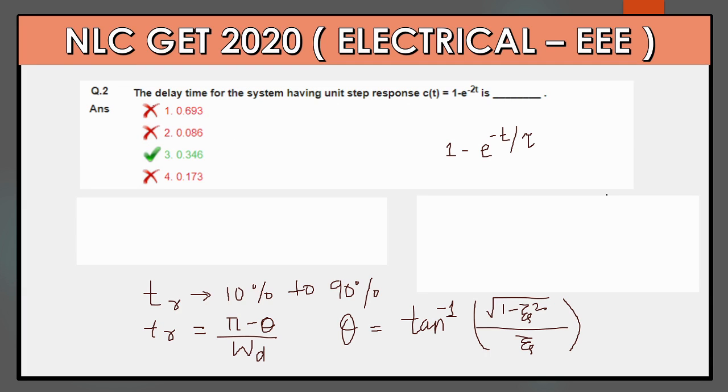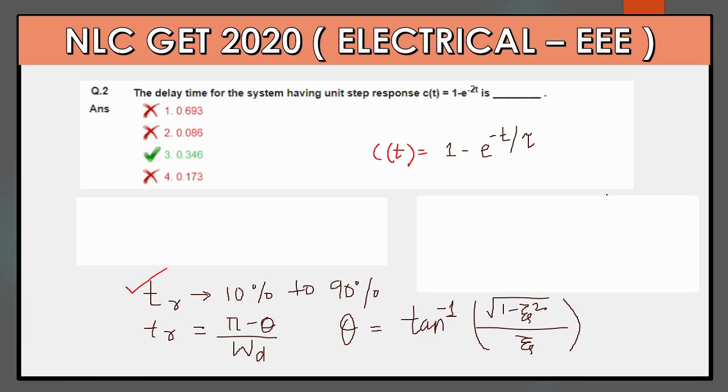So next question, it is saying the delay time for the system having unit step response C(t) equal to 1 minus e to the power minus 2t is dash. These are the options given. So if you see, C(t) is written in this format: C(t) is equal to 1 minus e to the power minus t by tau.